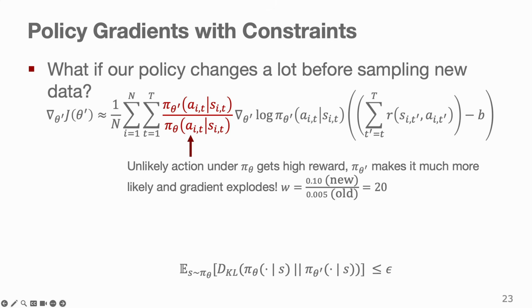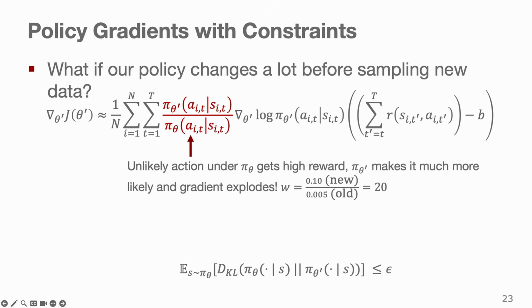So we've talked about how importance sampling only works when the old and new policies are close. But what happens if they're not? If we perform multiple gradient updates on the same batch, the policy changes too much before we collect new data.